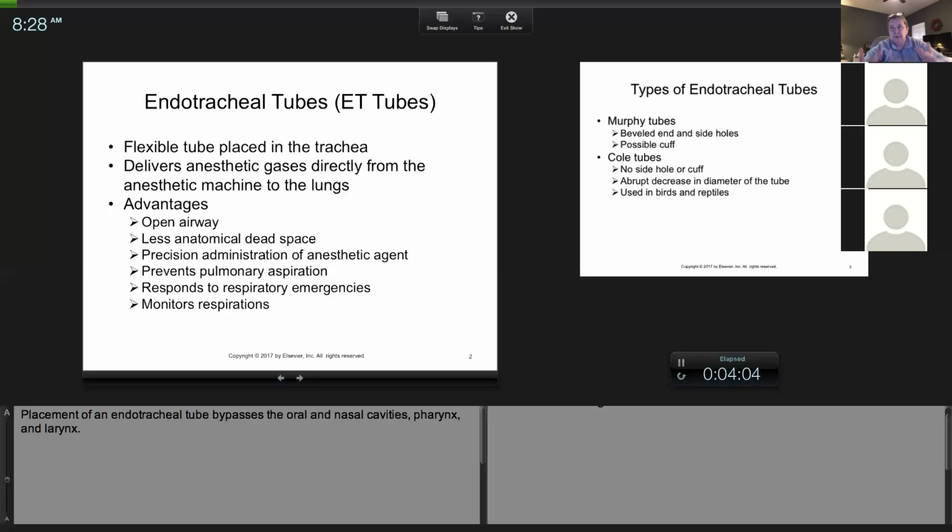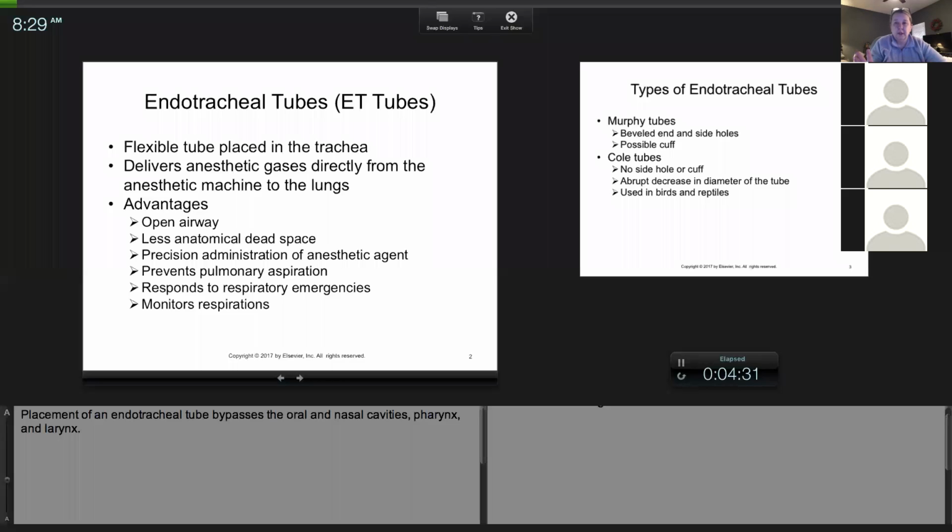Speed wise, the only difference, and let me explain, is that in order to get a tube in, you have to give an induction agent. Normally, you don't usually give an induction agent and put them on a mask. If you use a mask, usually that's your induction. So that's why it takes longer. The goal of an induction is to put a tube in.